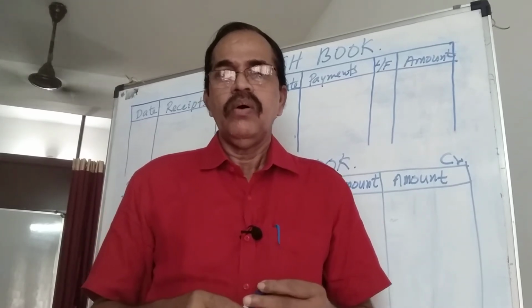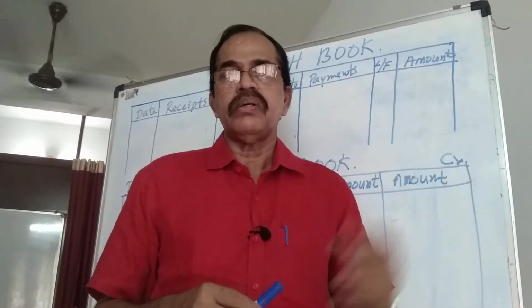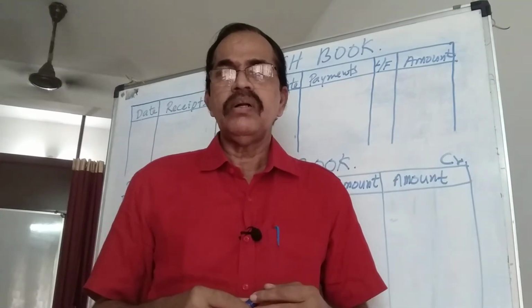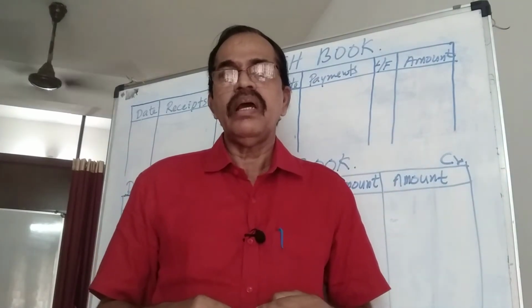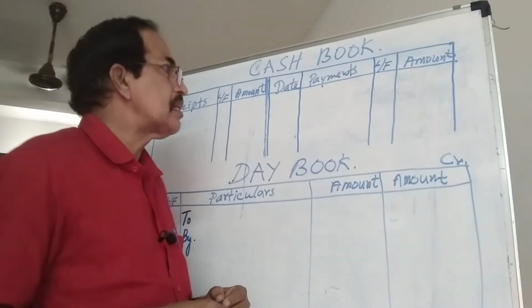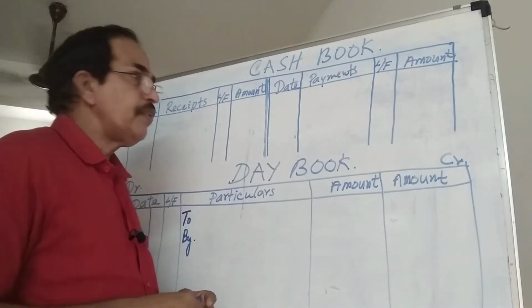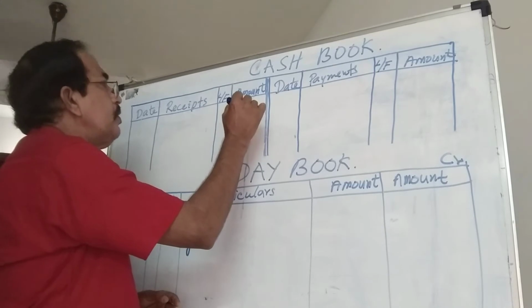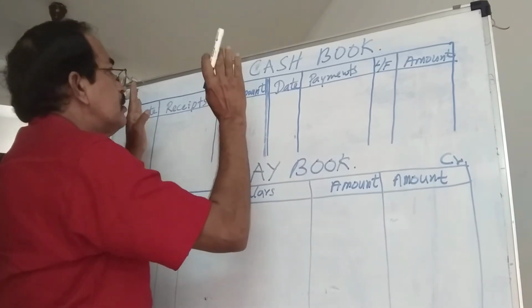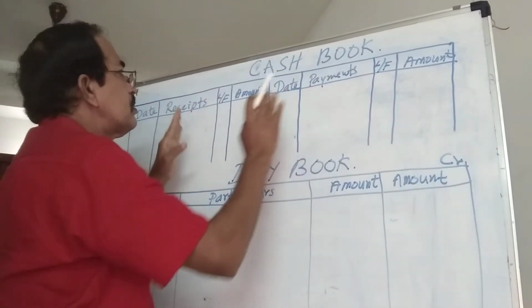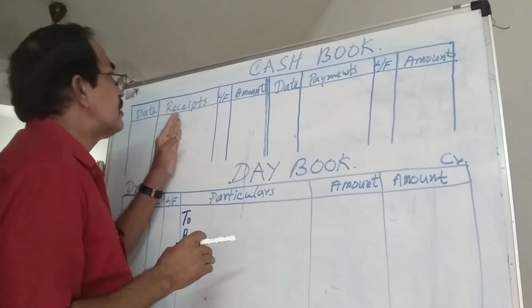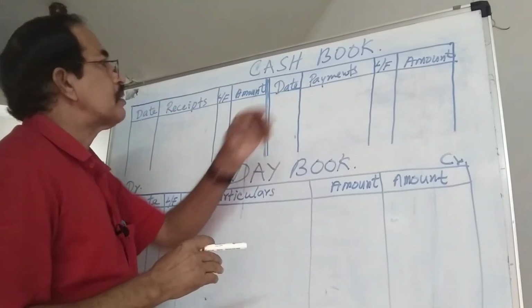Now, on the blackboard, I have drawn the format of a cash book, a simple cash book. If you look at the blackboard, we can see that the cash book has got 2 equal sides, the receipt side and the payment side.